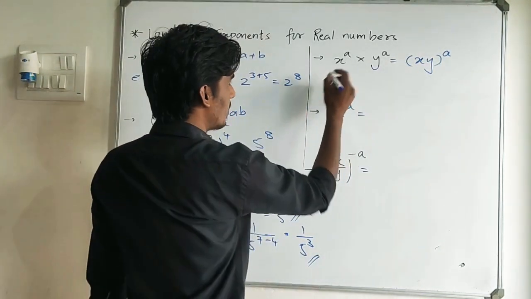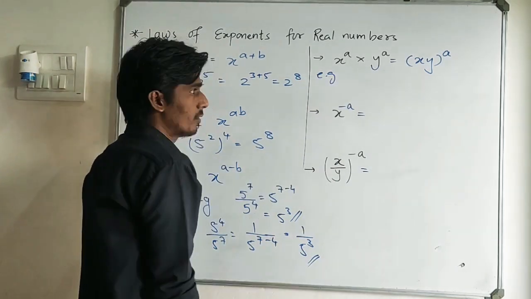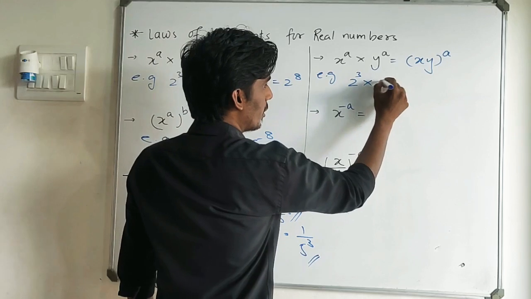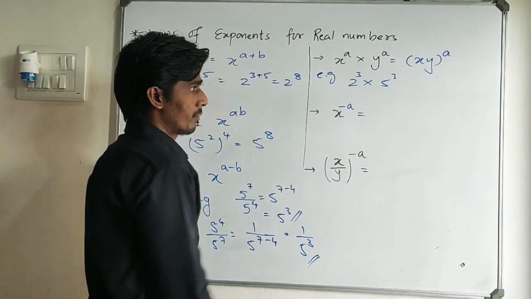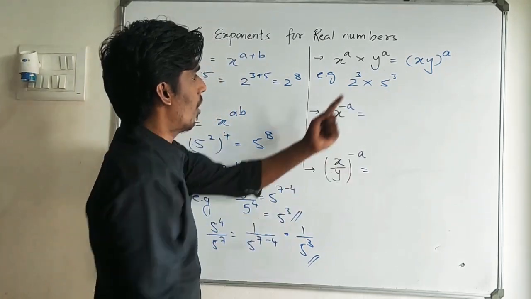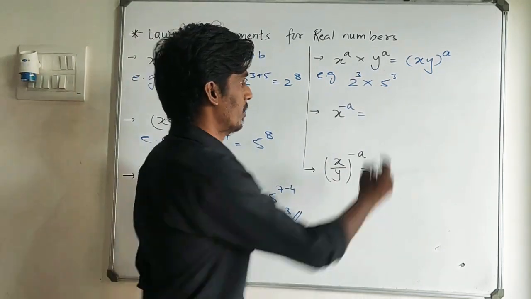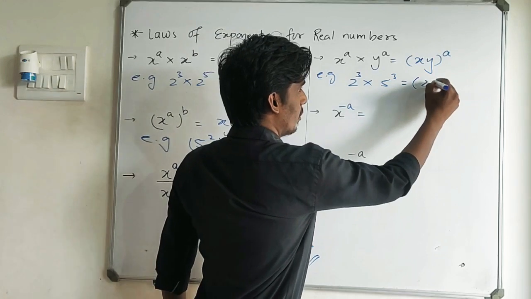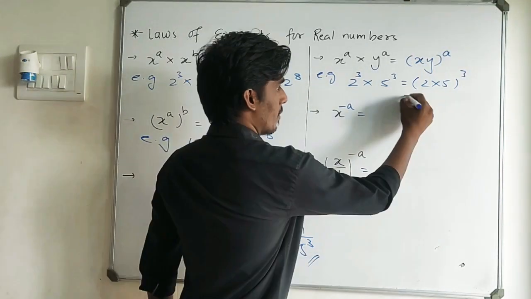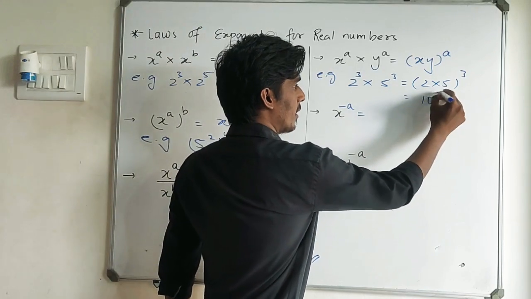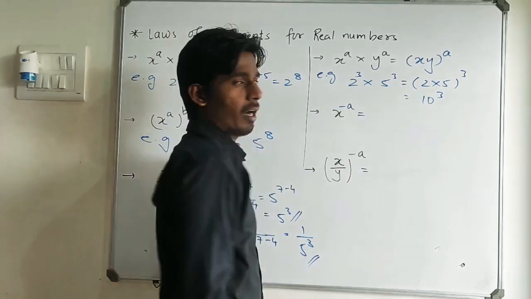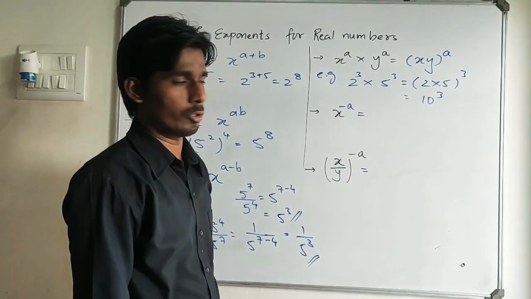If you don't understand this, let's look at one example. 2 raised to 3 into 5 raised to 3. So 2 raised to 3, 5 raised to 3, दो अलग अलग नंबर और उसके पावर्स क्या है यहाँ पे? सेम. So this we can write as 2 into 5 raised to 3. So 2 5s are 10, 10 raised to 3. So this is the way we can convert any number into power form by using this fourth rule.